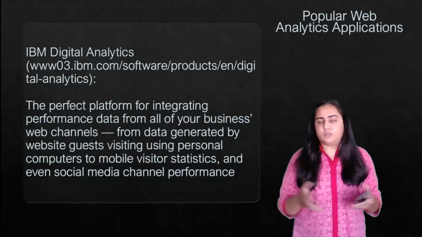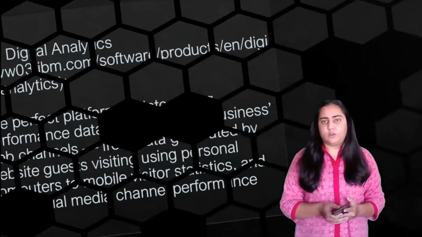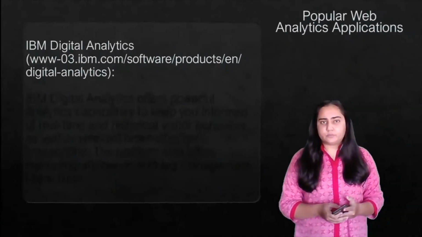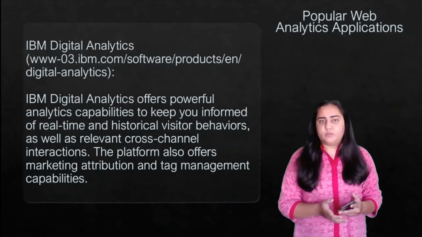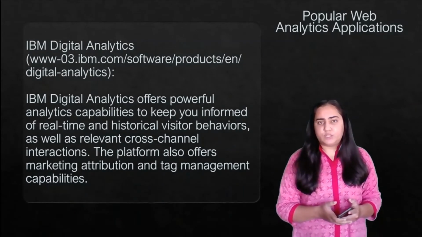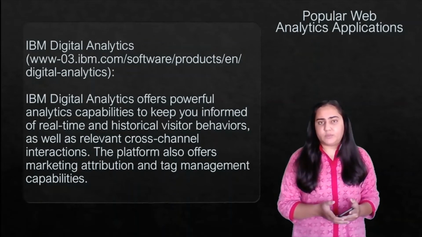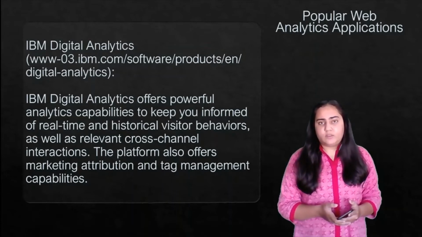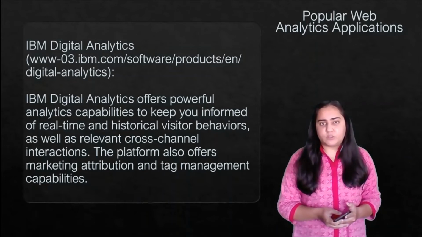It helps you put all these things together in one platform. IBM Digital Analytics offers powerful analytics capabilities to keep you informed of real-time and historical visitor behaviors, as well as relevant cross-channel interactions. The platform also offers marketing attribution and tag management capabilities.